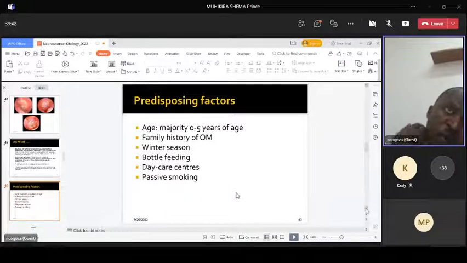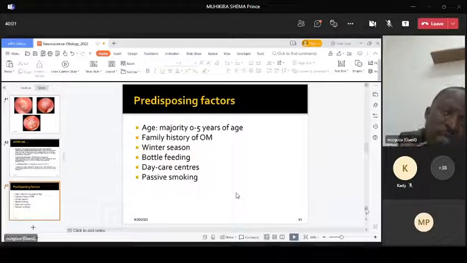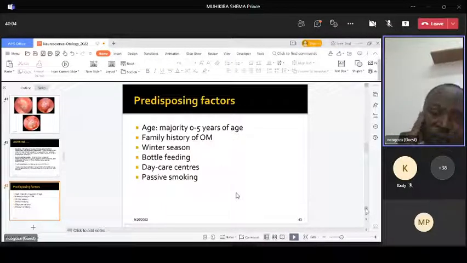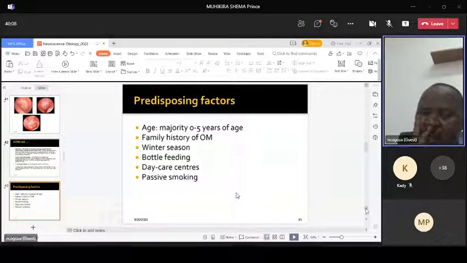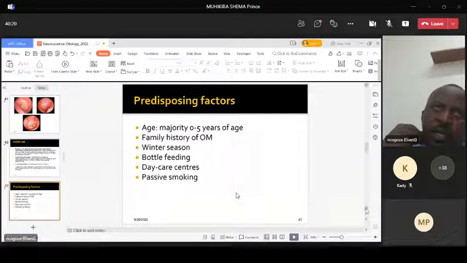And even the way of using the eustachian tube is different, because chewing is different from bottle feeding. The movement of the eustachian tube and the ventilation of the middle ear is different. Kids in daycare centers together with others have more risk of transmitting flu-like disease than those not in daycare centers.